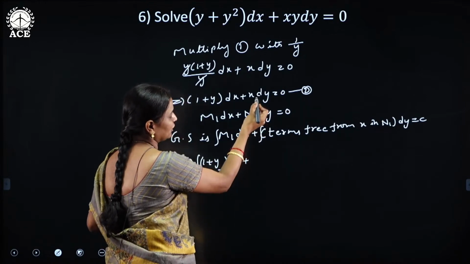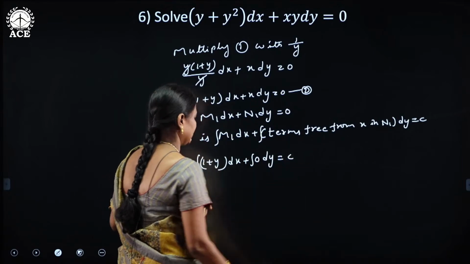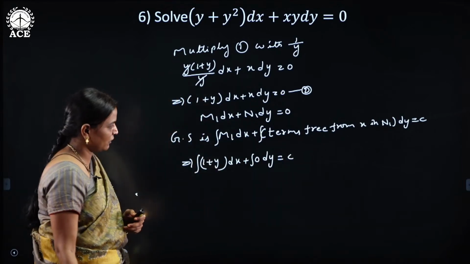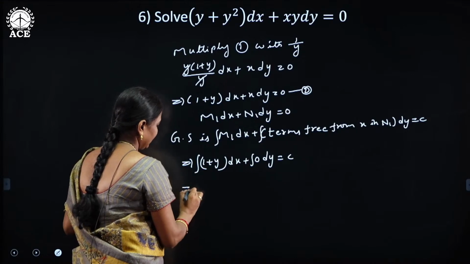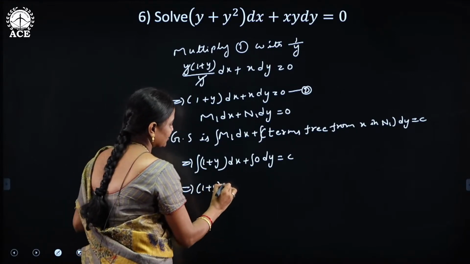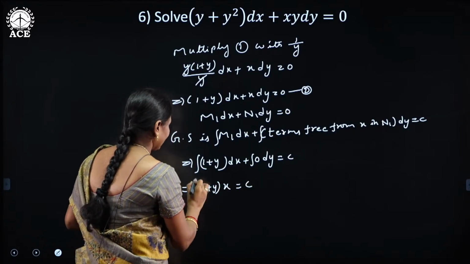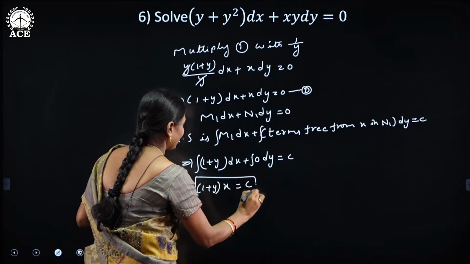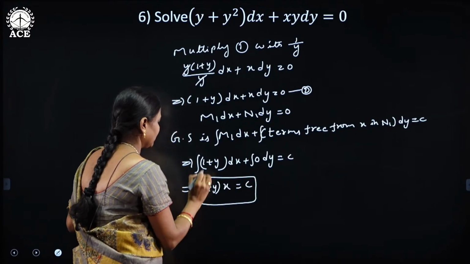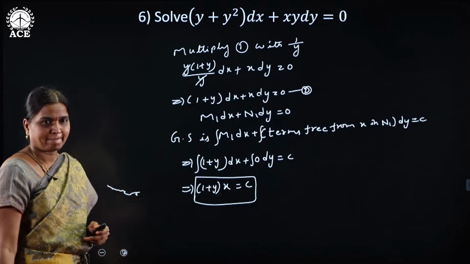There are no terms, so integral 0 dy is equal to c. But the first integration is performed with respect to x. Here the whole (1 plus y) is constant, and the integration of dx is x, equal to c. Therefore, the general solution is (1 plus y) x is equal to c, the general solution of the given differential equation.